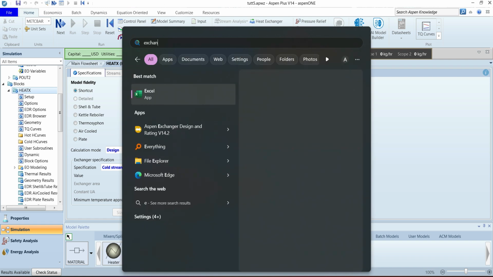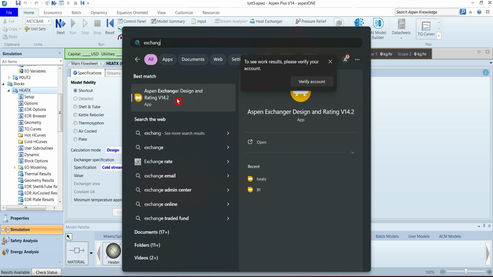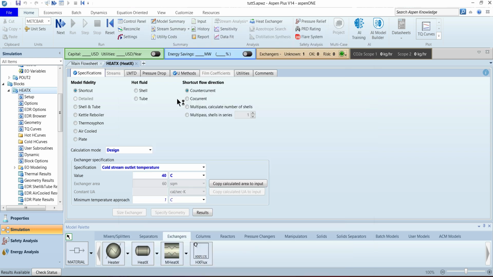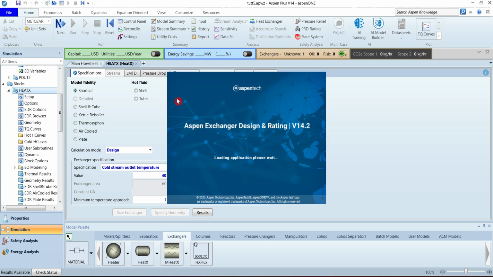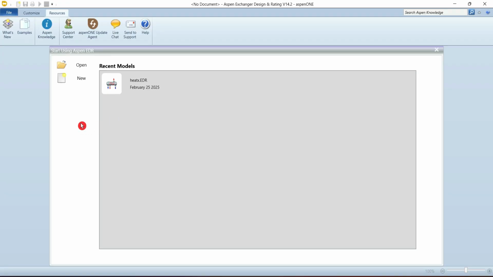It should be installed, Aspen Exchanger Design and Rating. And we can call this simulation in the EDR browser. So this is the first look of the EDR browser.